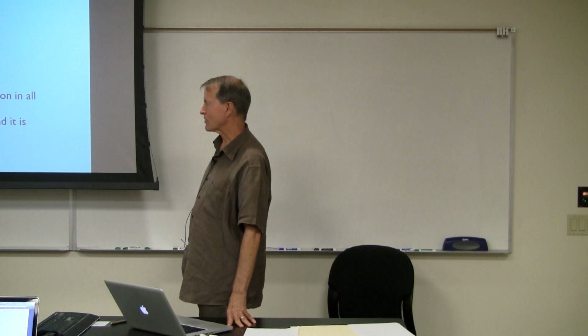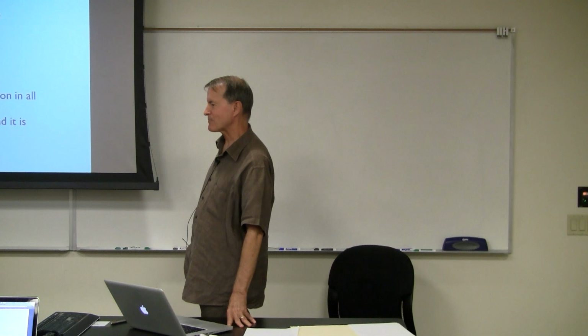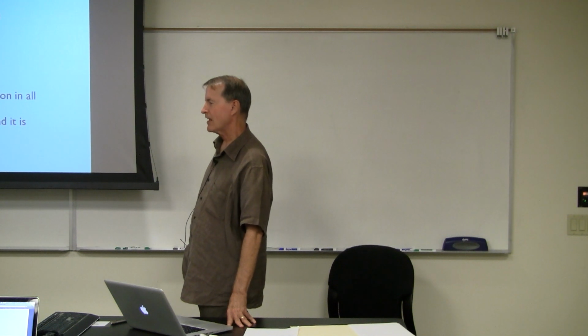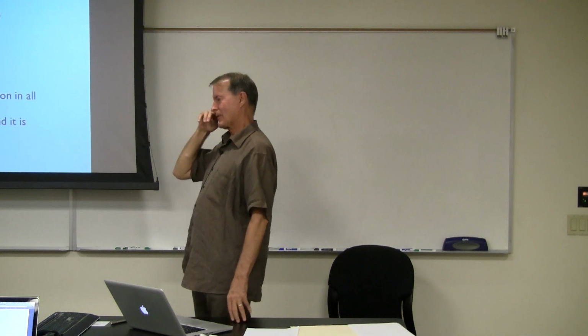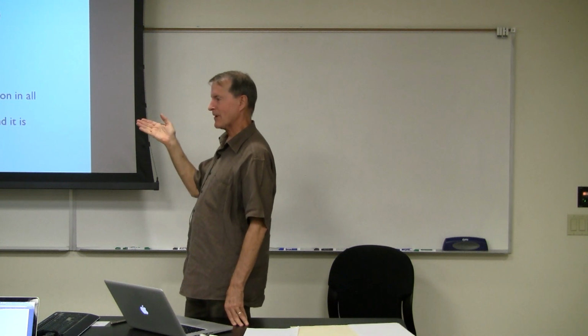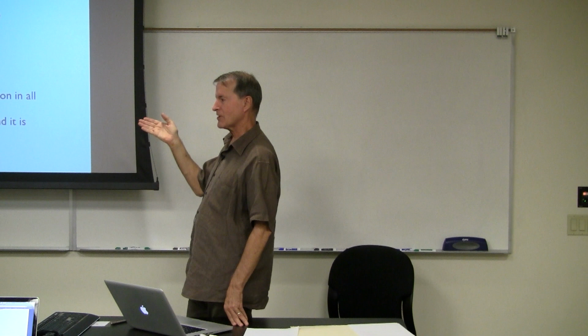The question was, what if one of the cases doesn't lead to a contradiction? If only one of the cases leads to a contradiction, the other one is what would happen. We said there's two scenarios, right?